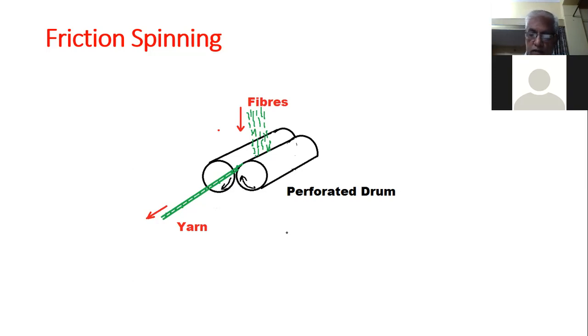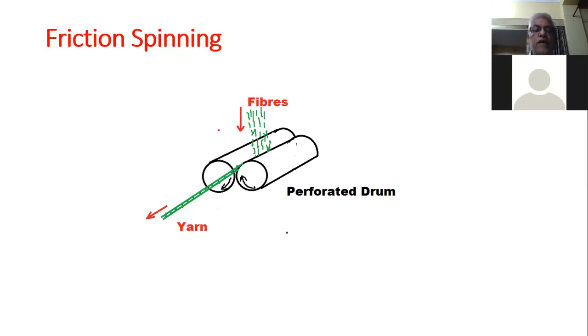This causes problem in the further processes, in weaving, knitting, or whatever is the process. So high number of fibers are needed in the yarn cross section because of low strength, and it is very difficult to keep the spinning conditions constant.